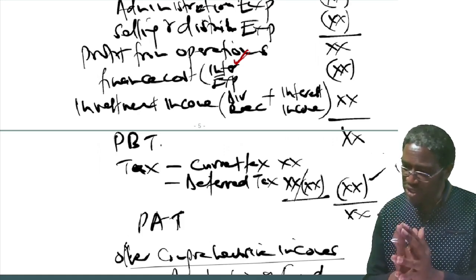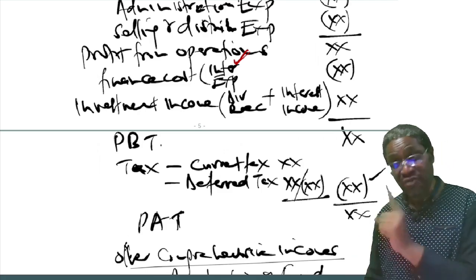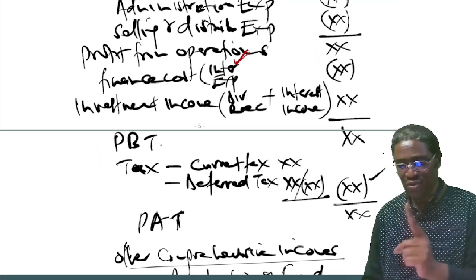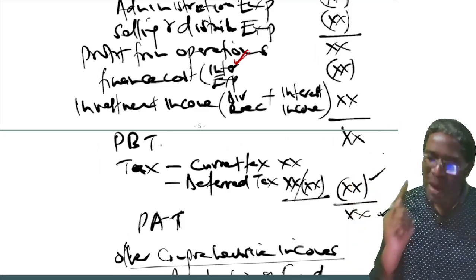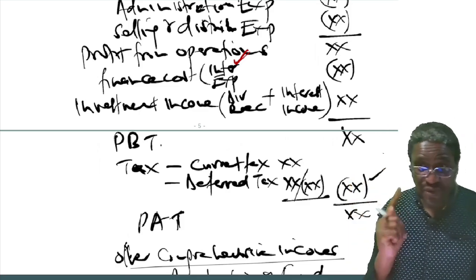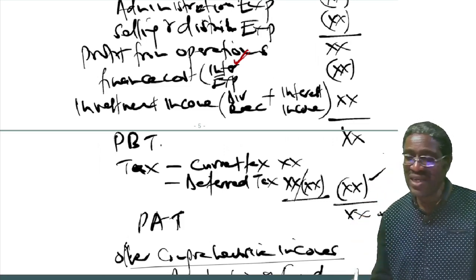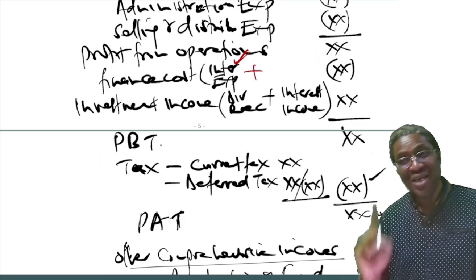When it is preference share, the cost of borrowing through preference share is preference dividend. Therefore, the preference dividend that you paid on the redeemable preference share should be considered as another example of a finance cost.